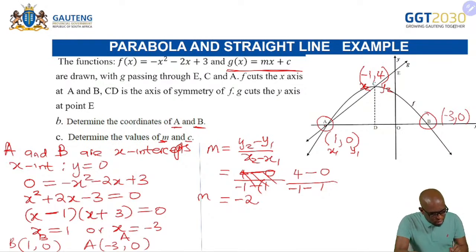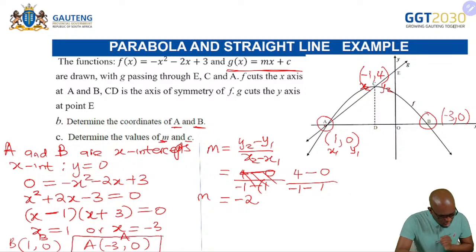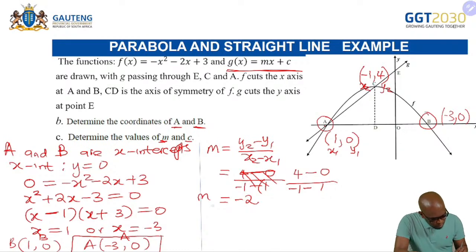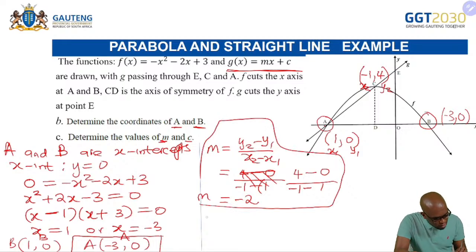There's an error here. The coordinates of A, let's check. We said the coordinates of A are minus 3 and 0. It's just a small mistake here. Allow me to fix it. The coordinates of A are minus 3 and 0, and the coordinates of C are minus 1 and 4.